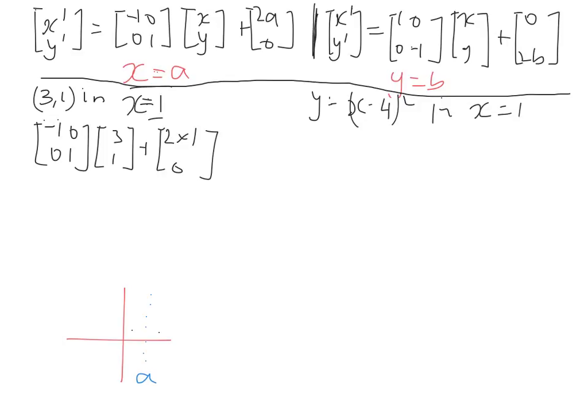So over here, we'd end up with -3 and 1 at the top. We do our multiplication first, then we do our addition, plus 2 and 0. So over here we have -3 plus 2, and we end up with -1 and 1.